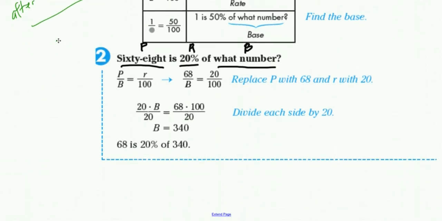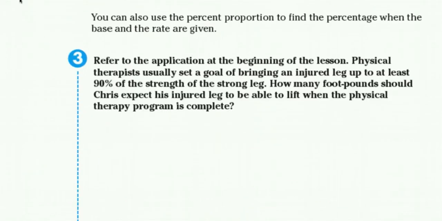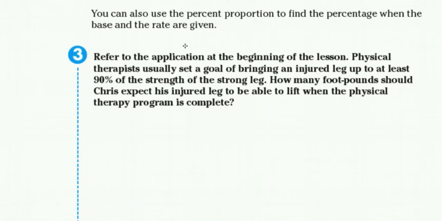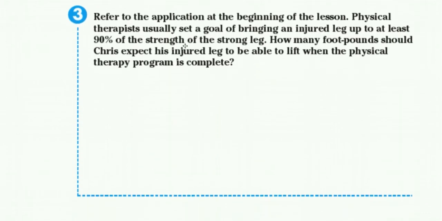And going to the last example, you can also use the percent proportion to find the percentage when the base and the rate are given. So we're given the base and the rate. You can also find the percentage. And let's go back to the beginning of the lesson in terms of Miss Harper.